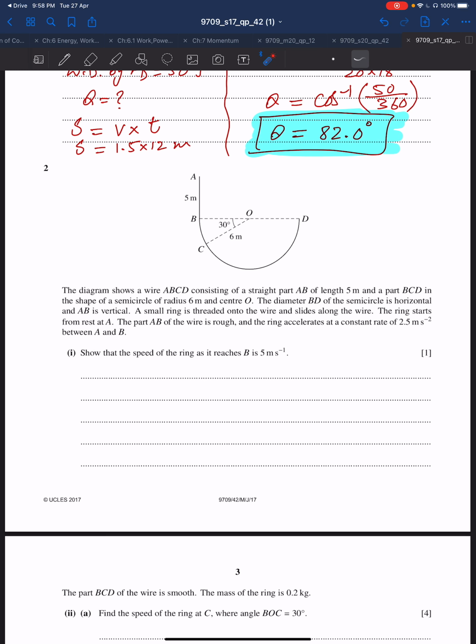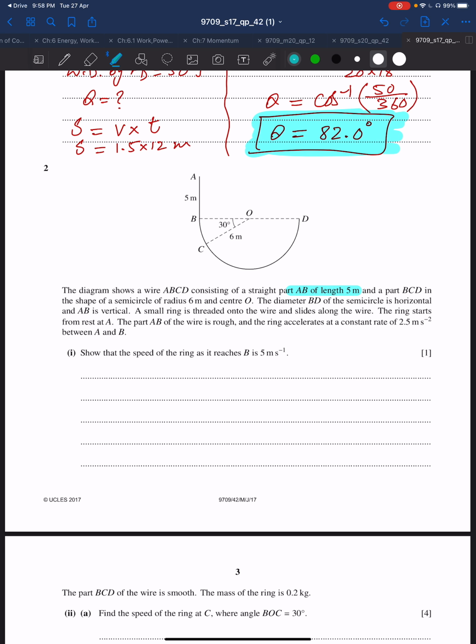In the first, the diagram shows a wire ABCD consisting of a straight part AB, of length 5 meter.